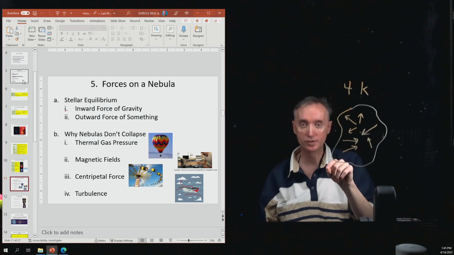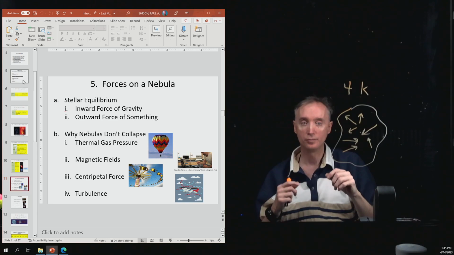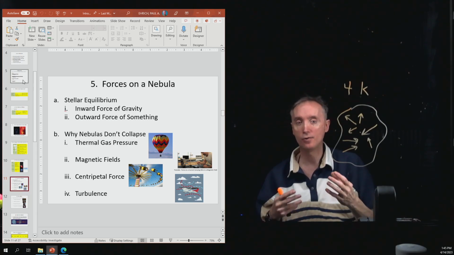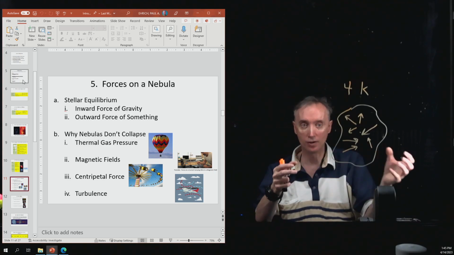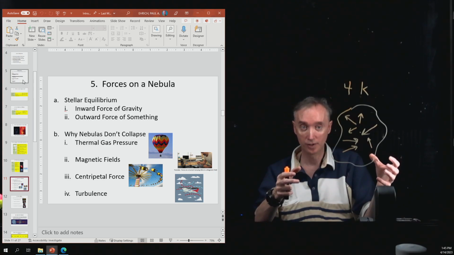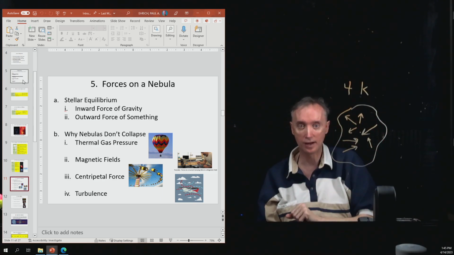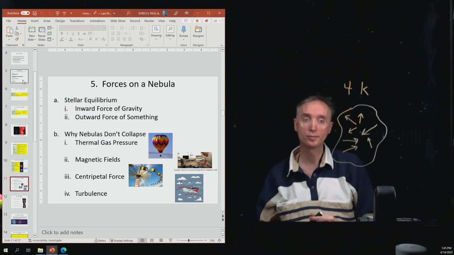It's a website that you can go to that shows how electricity causes magnetism and how magnetism can repel other magnetism. So certain parts of this cloud are going to be magnetic, and they're going to repel other parts of the cloud that are magnetic.